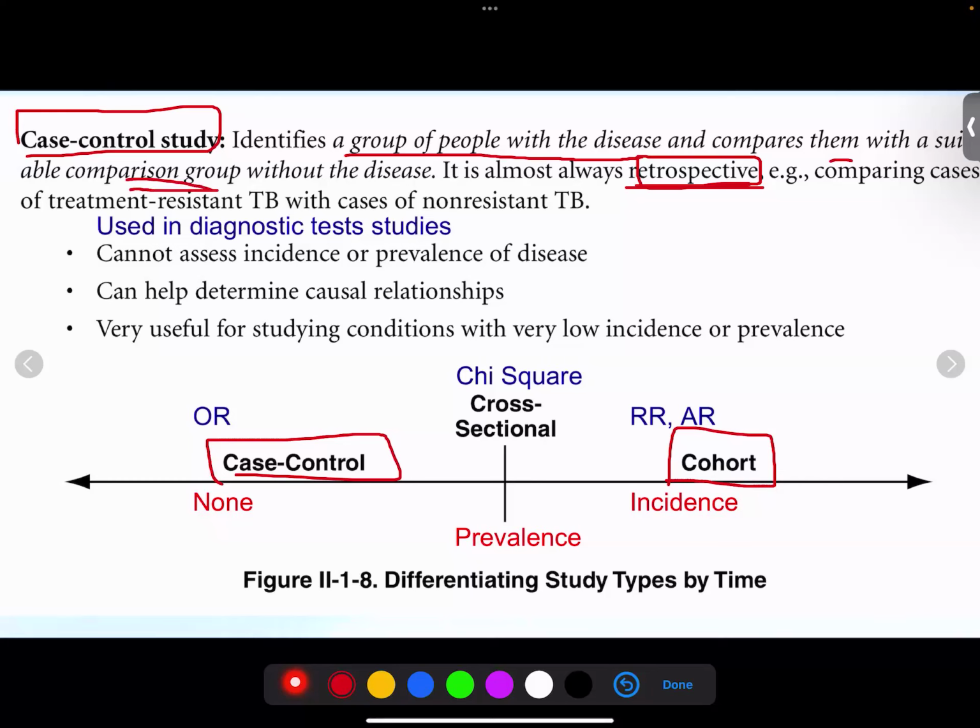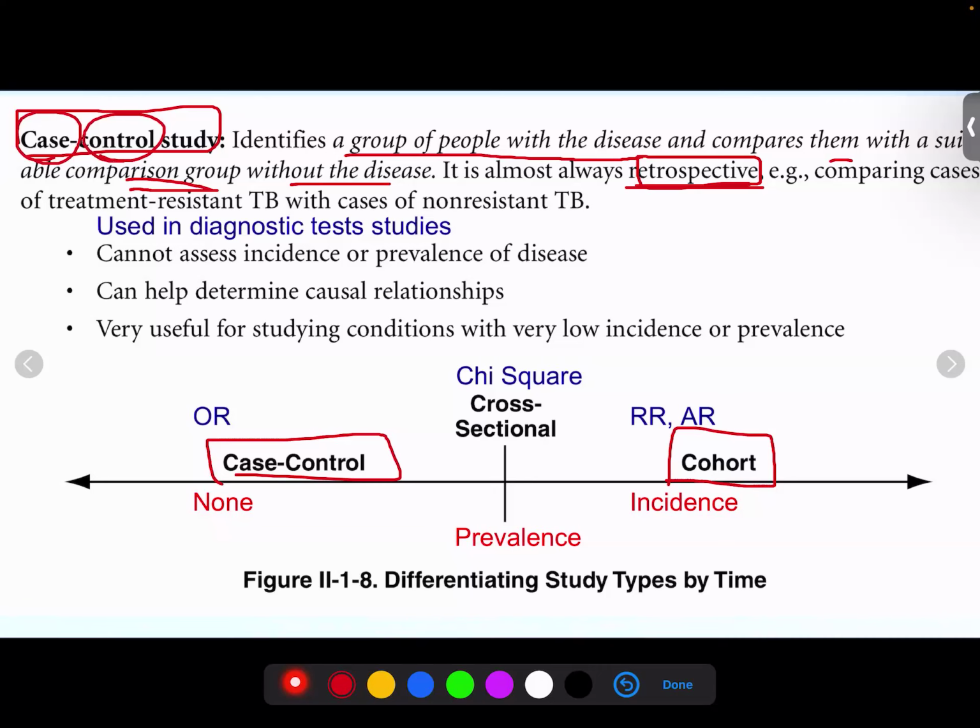Both groups have to have similar characteristics according to gender and age group. You have to balance these, but the comparison group should be without the disease. This is why it is called a case control study.